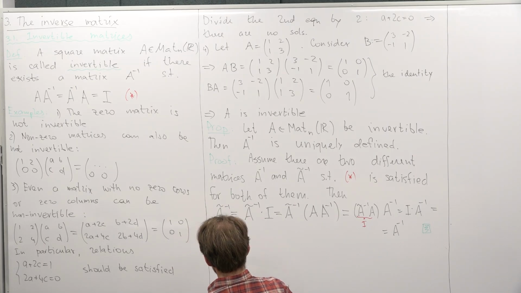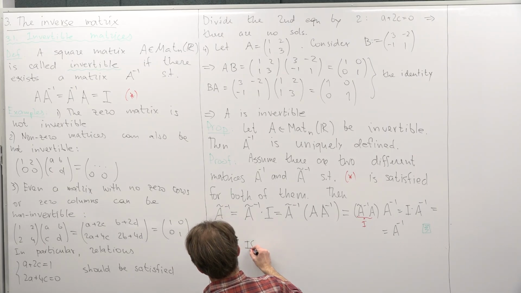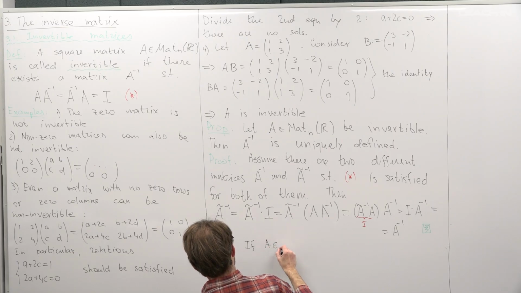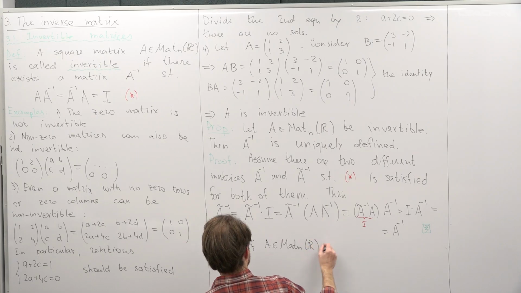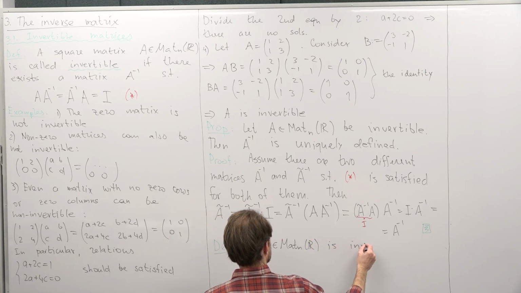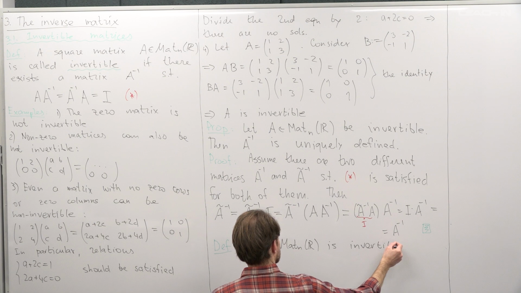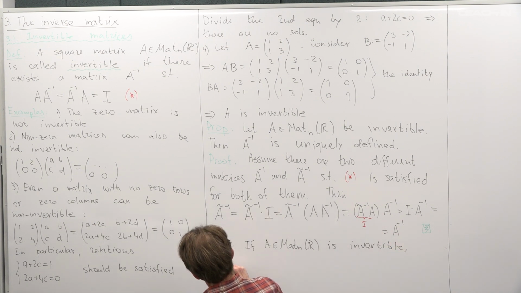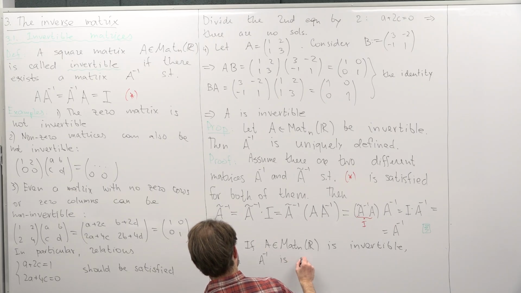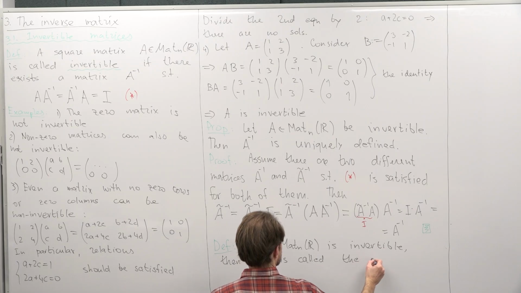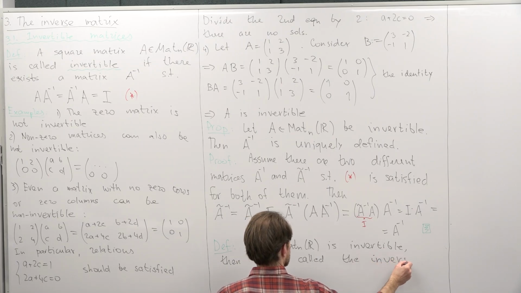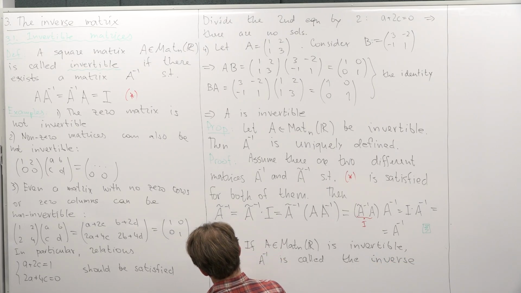So if A is invertible, then A to the minus 1 is called the inverse matrix.